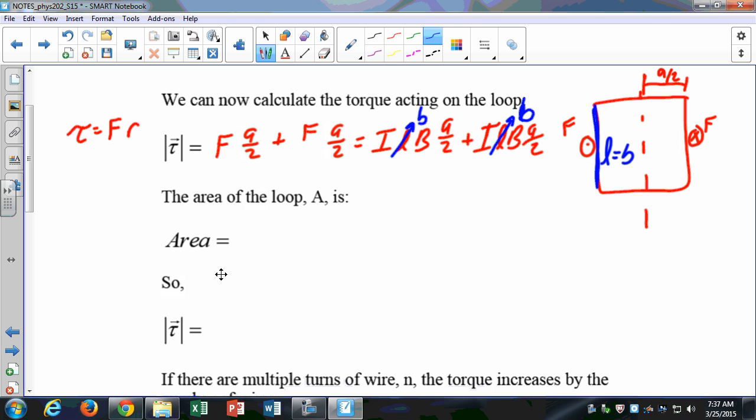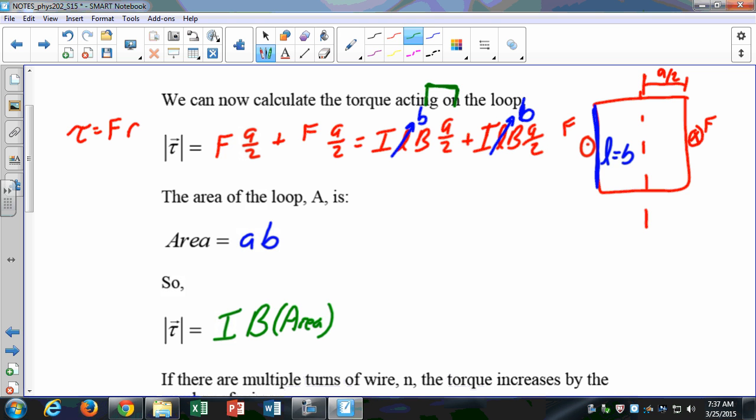Now, the area of this loop is just A times B. Alright, it's a square. The area is A times B. And you notice here that I have this term A times B. So that's just our area. So this whole thing simplifies very simply to just I times B times the area.